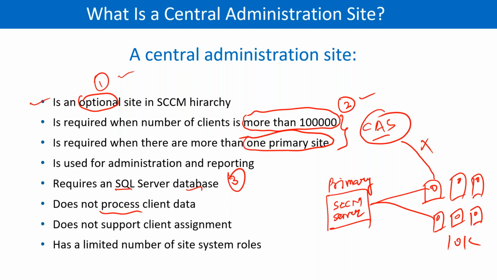Basically, the central administration site is for managing sites, not devices. Let's say there are two primary sites, primary site 1 and primary site 2. Both of them will report to this, just for administration and reporting purposes, nothing else. We don't deploy any application or policies from the central administration site. It is just for reporting, administration and inventory purposes.